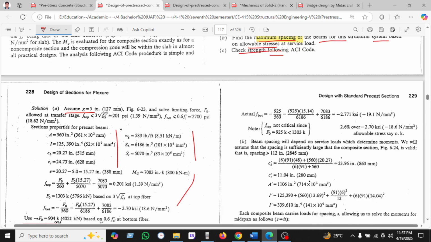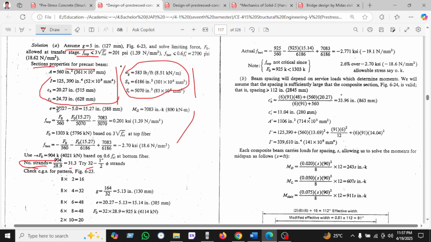I assume e equal to 5 inches from figure 6.3. The force F naught is found with this formula, and the beam section properties are given here. All the section properties are given, w_G as well, and e is found here.